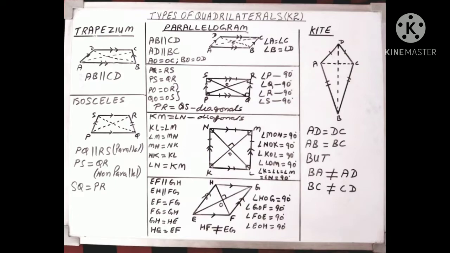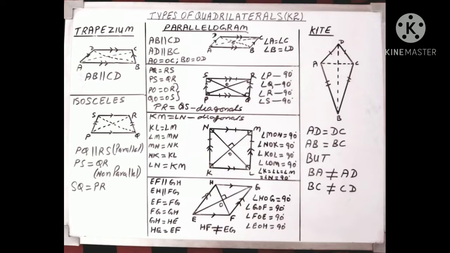So let's move on. The third type of quadrilateral is a kite. So as you can see the figure itself, a bit of resemblance with the kite itself is there. Here we have a kite ABCD.